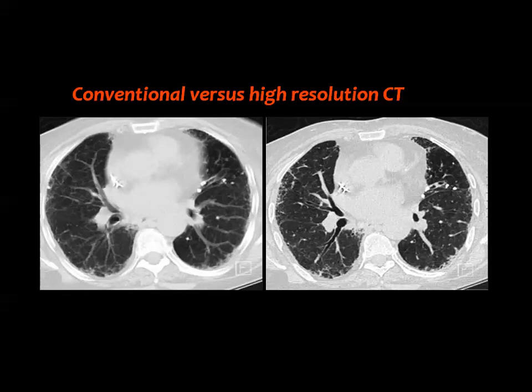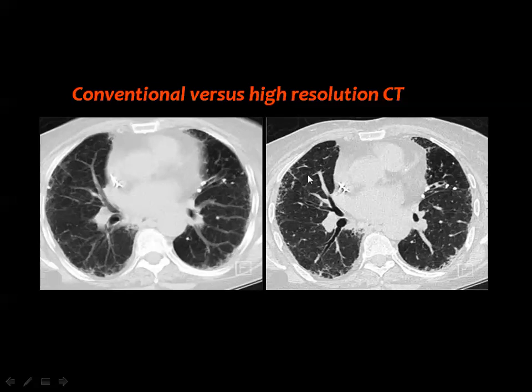You know that one of the basics for the evaluation of diffuse lung disease is to have the high resolution CT scan, and this is the difference between conventional CT and high resolution CT. If you look carefully here, you see some bronchiectatic changes, and these are not clearly visible.